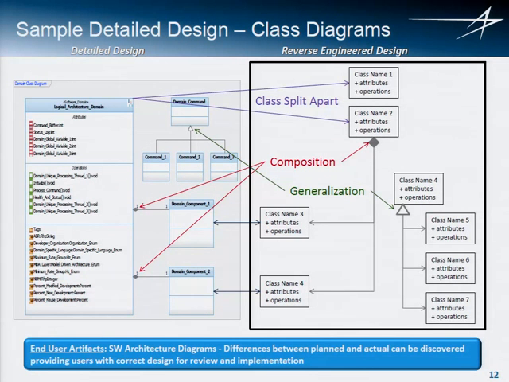And also the attributes and operations are split as well. And this is the reason why we cannot just rely on the design artifacts alone, because sometimes decisions are made afterward, and somehow it just didn't get flowed back into the design documents. So we have to use the reverse engineering tools to help us see what the actual software is, what is in there.